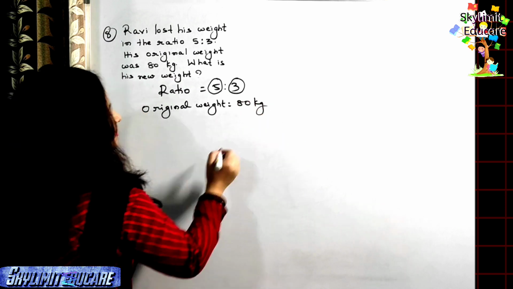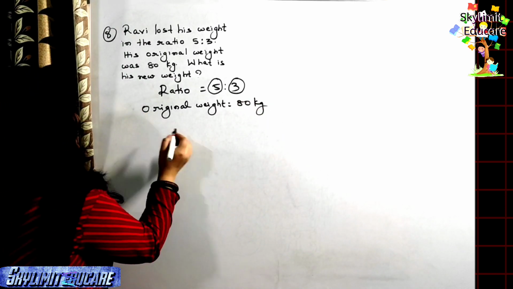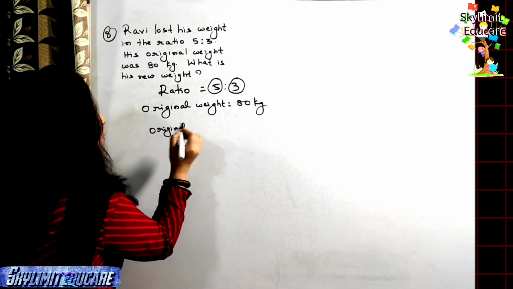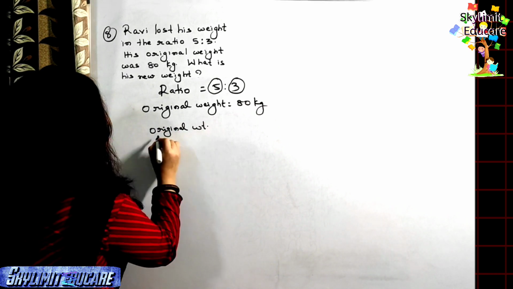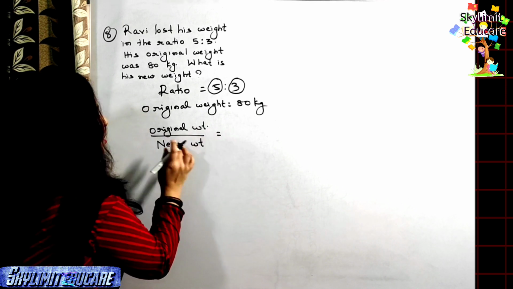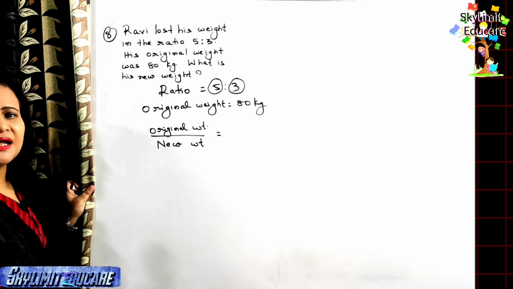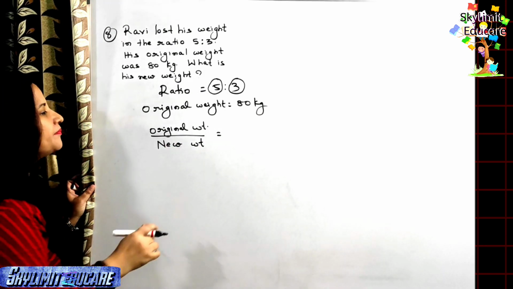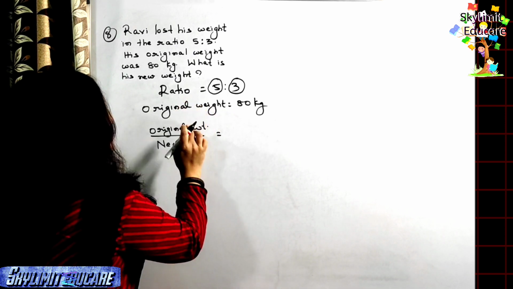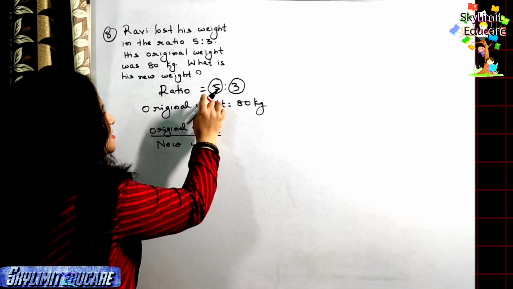The original weight was 80 kilogram, right? So we can write it as original weight by new weight. Original weight is more. So which ratio represents the original weight?